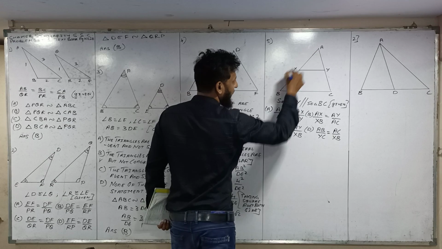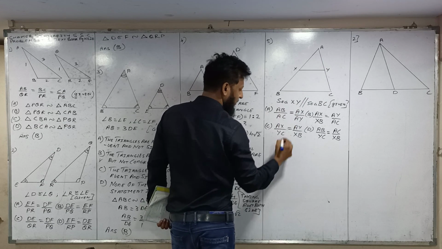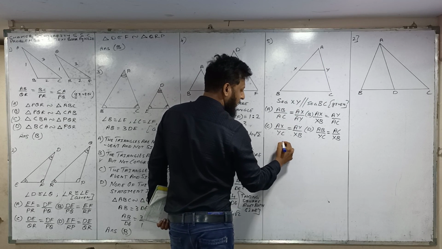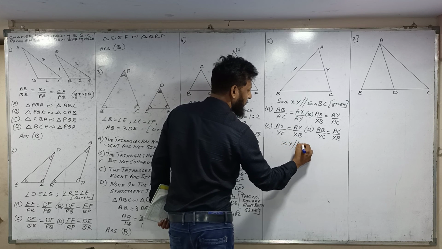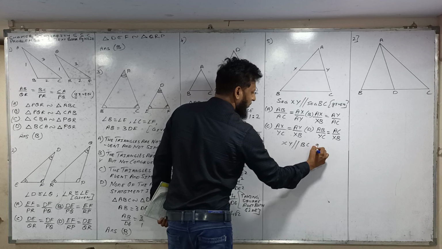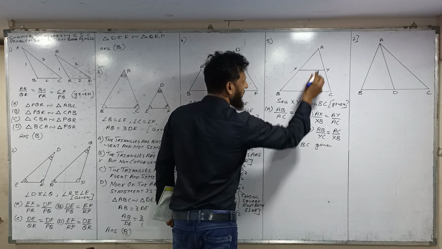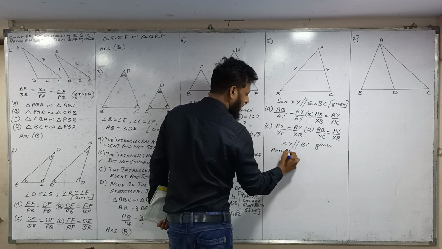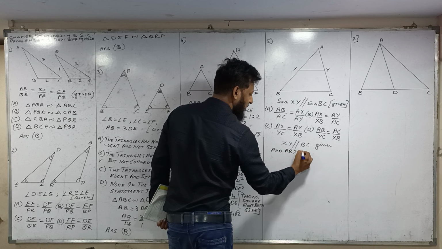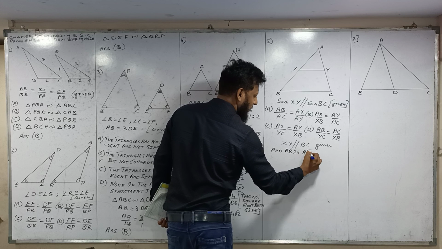We'll take this triangle ABC and AXY. So in this you can see XY is parallel to BC, given. And we'll take AB as a transversal.